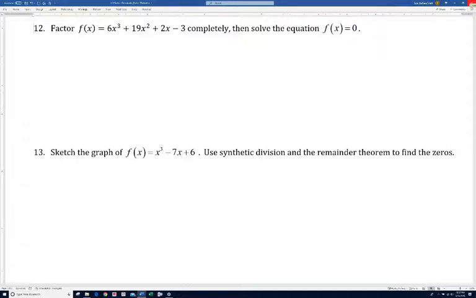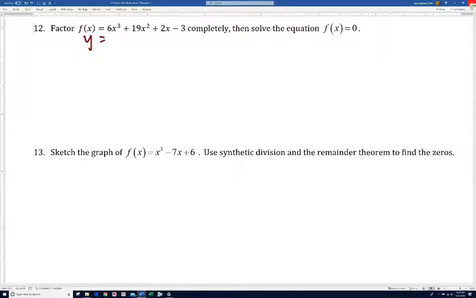I'm going to be allowing you to use your calculator to find the first 0. So let me show you how we're going to do that. First of all, you should put y equals this function into your calculator. If you forgot how to do that, I'll make a little video to remind you. But when you put it into your calculator and you use the table function, you should be able to find a 0.